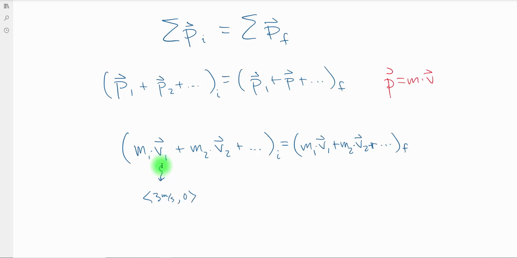If it hit something that was already moving in the y direction, that velocity for the second object could be 0, comma 7. They don't have to be in line with each other. This is conservation of momentum using vectors. We can have things in any direction. Now, that's going to be very difficult to figure out unless you know, for instance, that one of the objects stops or that they're stuck together, in which case we can write some special case scenarios and special case equations.